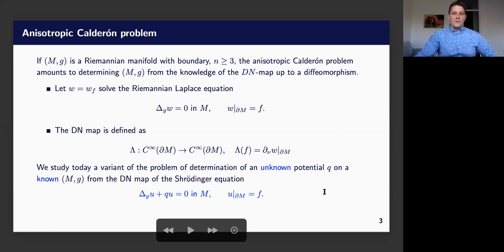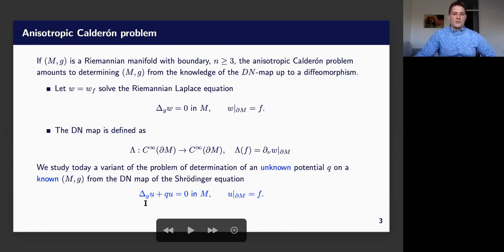Today, we are going to study a variant of this general anisotropic Calderón problem. This is a little bit easier, but still quite hard. The problem is to determine an unknown potential q on a known Riemann manifold from the Dirichlet to Neumann map of the Schrödinger equation.